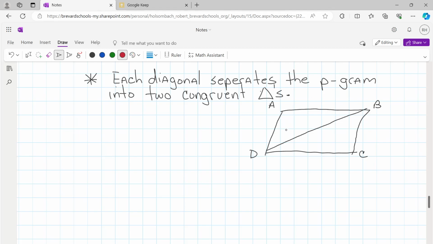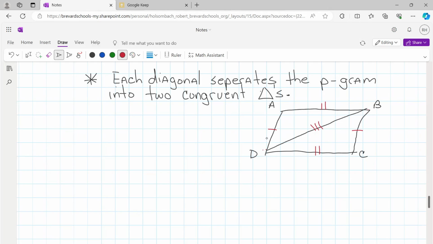In this parallelogram now, AD is congruent to BC because opposite sides are congruent. AB is congruent to DC for the same reason, opposite sides are congruent. And then look at this diagonal DB. DB is the third side of both of these triangles, so it's congruent to itself.